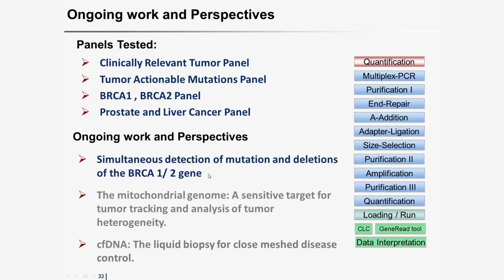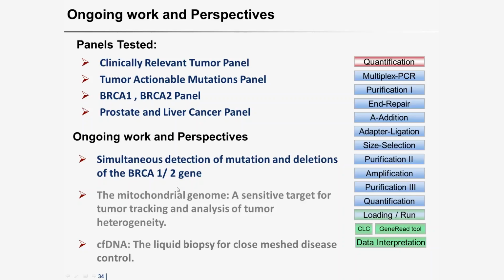And dealing with the Biomedical Genomics Workbench, I would like to introduce you to the simultaneous detection of mutations and deletions of the BRCA1 and 2 genes. So the BRCA1 and BRCA2 gene proteins are involved in DNA repair and are therapy relevant for treatment of ovarian cancer with PARP inhibitors.